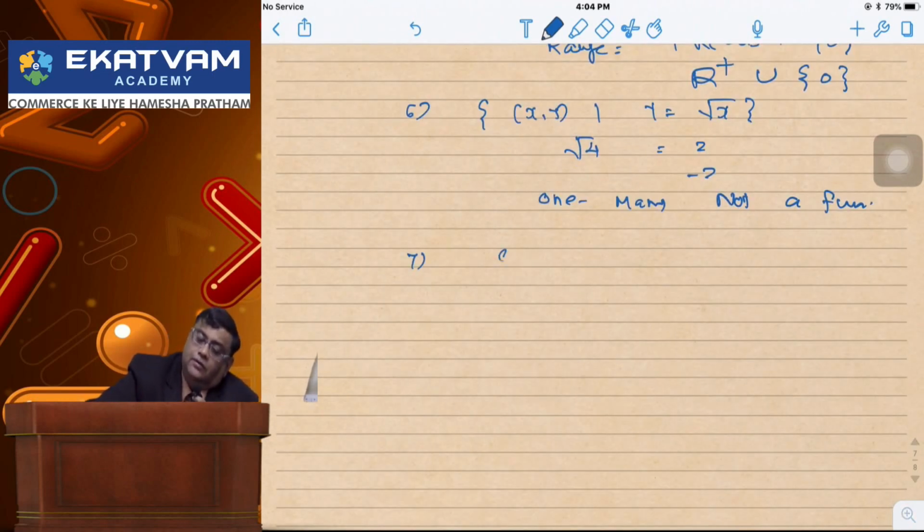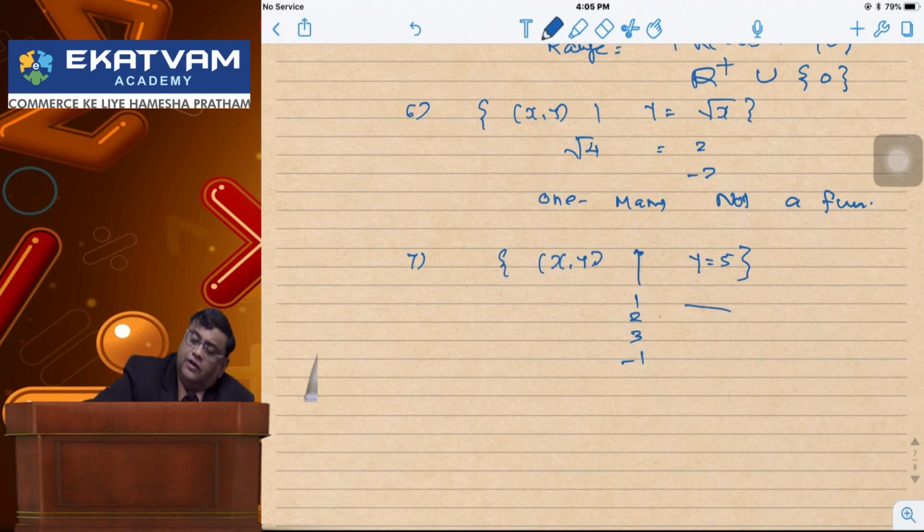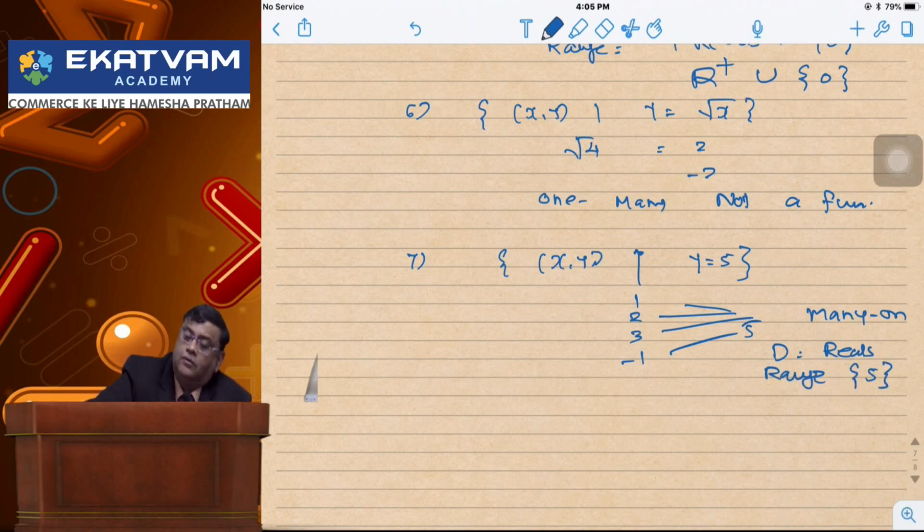I consider x, y such that y equals 5. What would you say? 1, 2, 3, -1, half, all of these are related to 5, so this is many-one. And the domain can be any real, but the range is singleton 5. Range is a singleton 5.